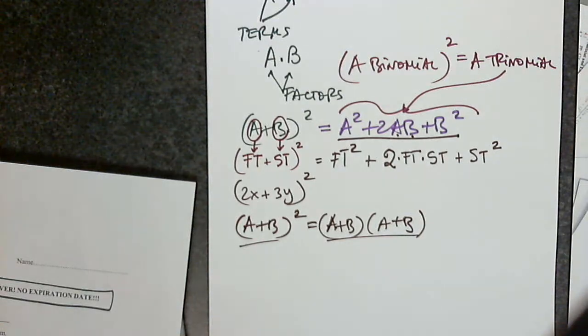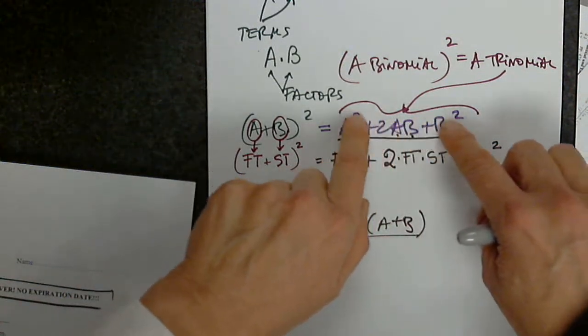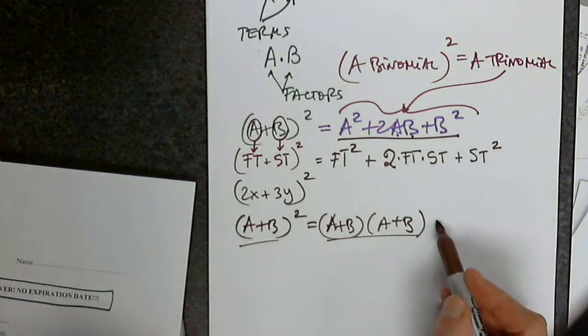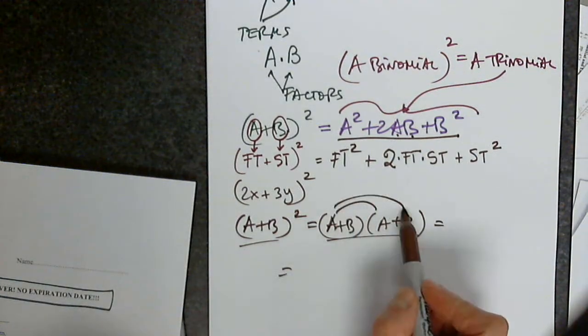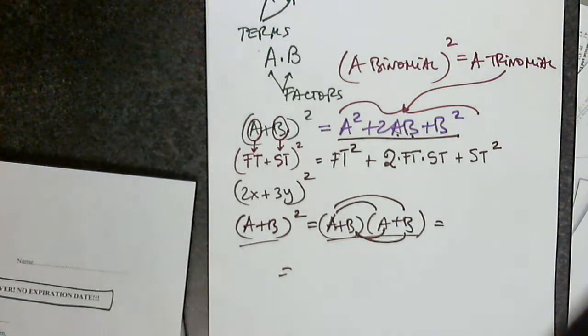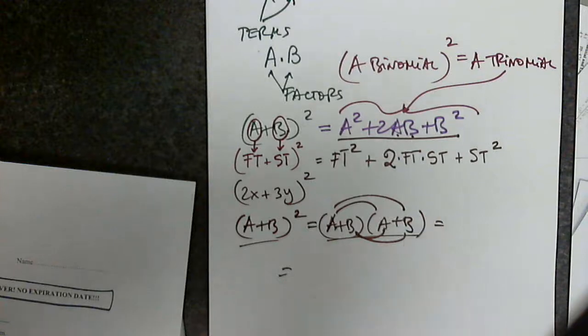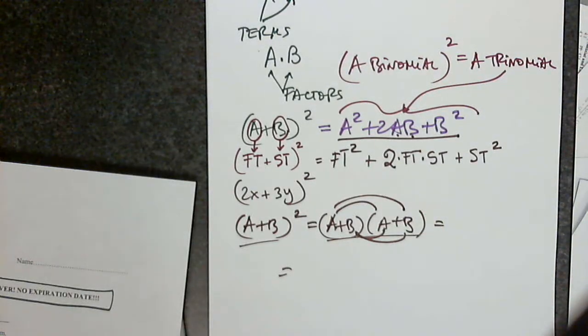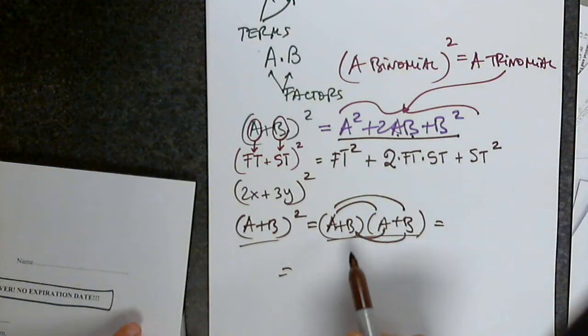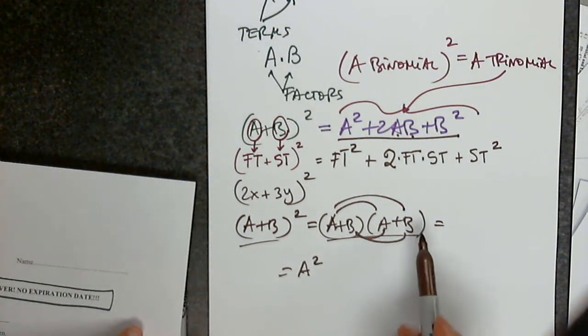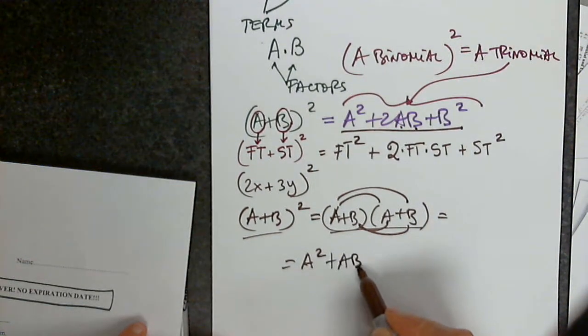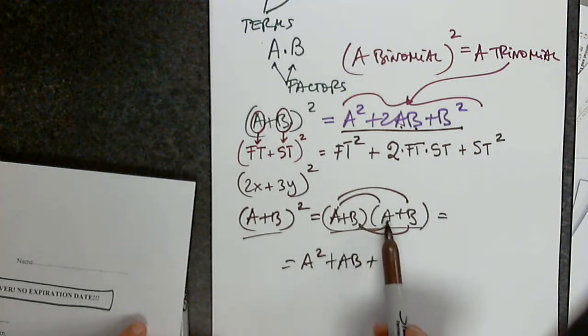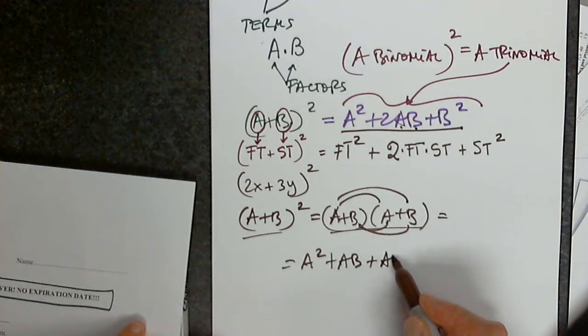And now let's say we FOIL. Let's say we don't remember how to get to this, right? So when I FOIL, I distribute a to both terms and then b to both terms. Are you with me? Okay, so we're proving this because I want to make sure that you understand where it's coming from. So a times a is a squared. How much is a times b? Perfect. Plus ba or ab is the same thing.